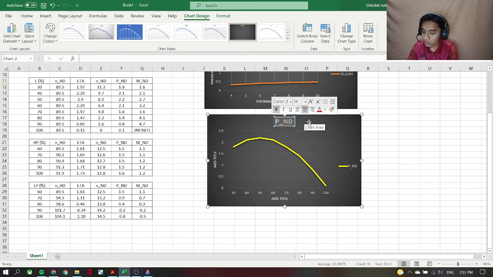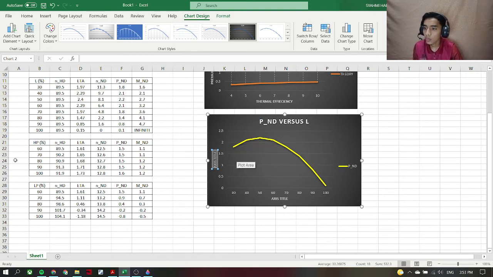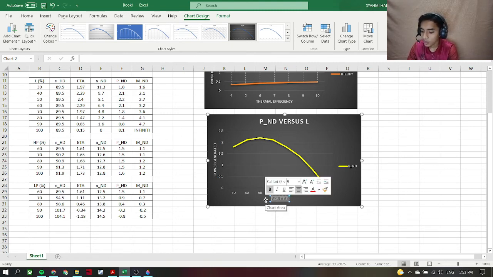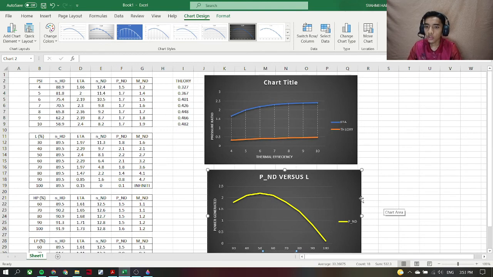So this will be the power versus load. So for the axis title, the Y axis will be the power generated, and the X axis will be the load percentage. Alright, so this will be the second graph.